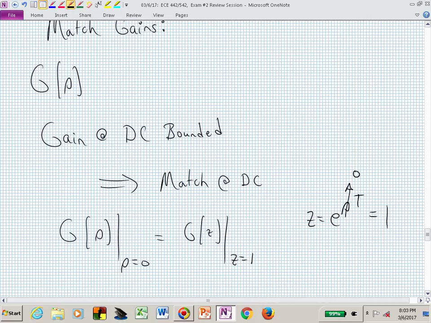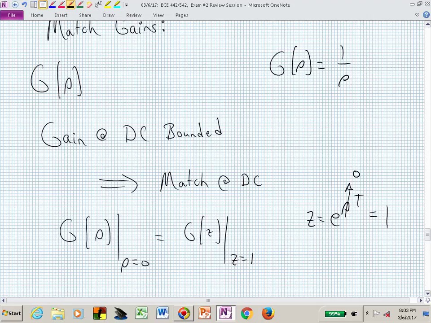If you had a transfer function that looked like g of s is equal to 1 over s, what happens at DC? What happens at low frequencies? What is this system? That's an integrator, isn't it?